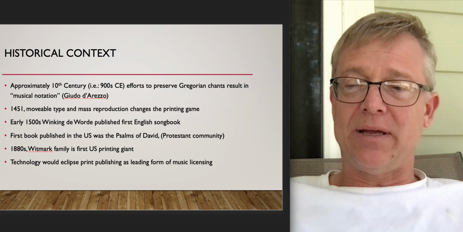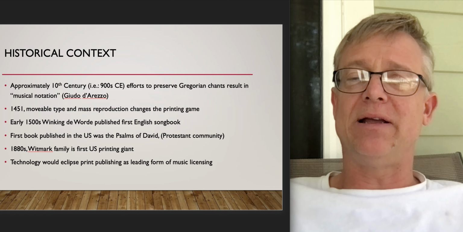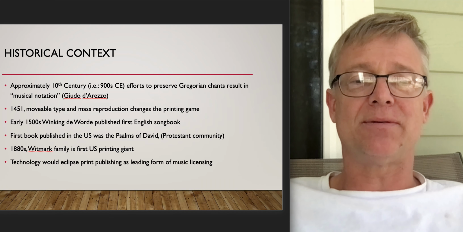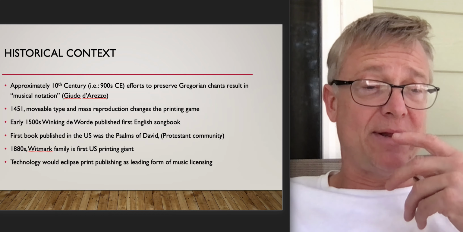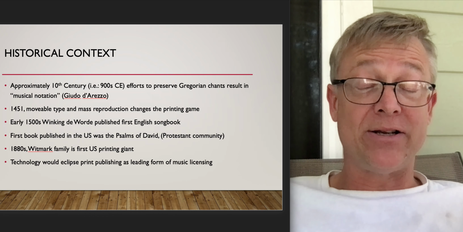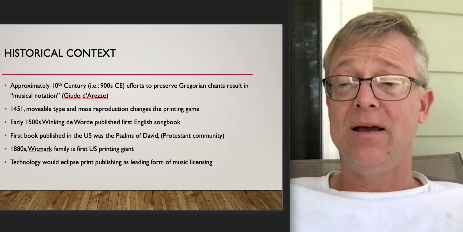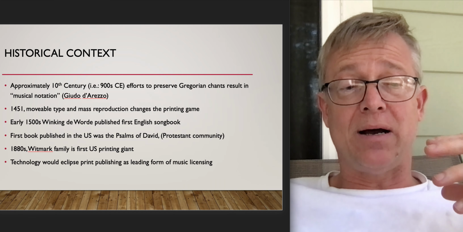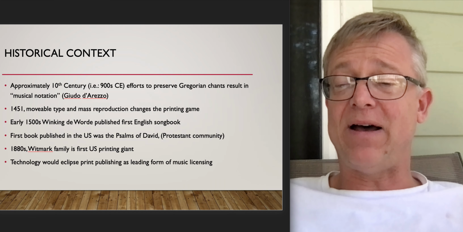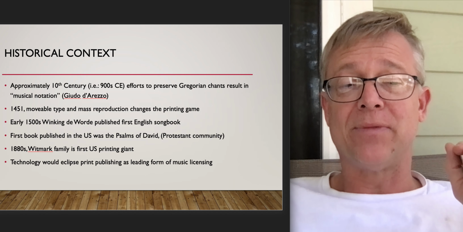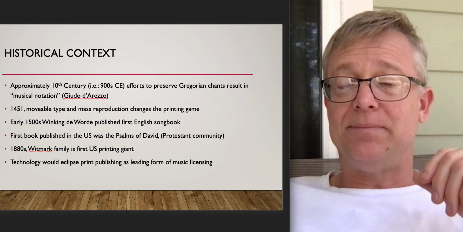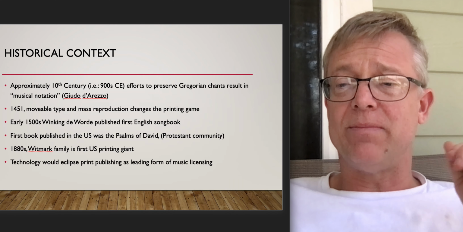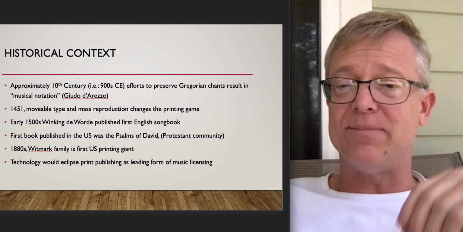And then you go through the Gutenberg press, 1400s, and now you've got the idea of mass reproduction. And so the dollar figures associated with that, or the remuneration, I guess you could say, whatever type of pay, also goes up because you can make a lot more copies a lot faster with this whole movable type, using a wine press actually to press down ink onto a page instead of extracting grape juice from grapes.